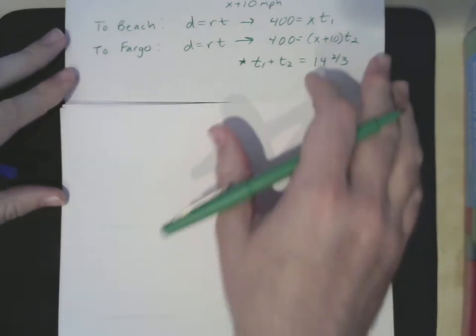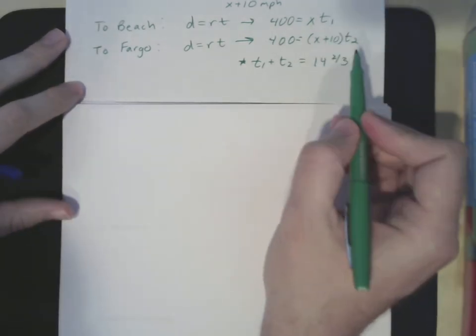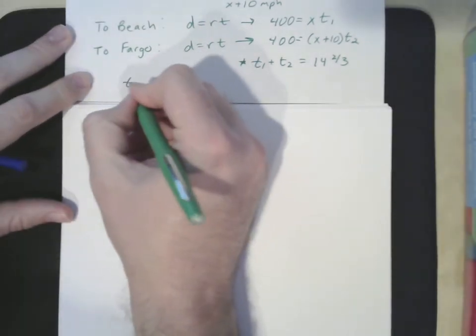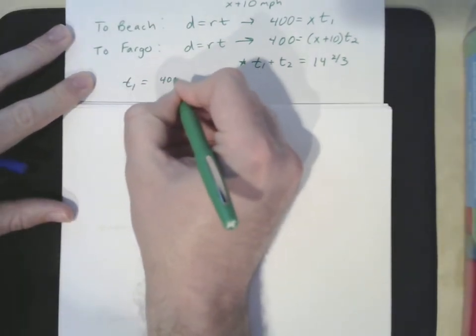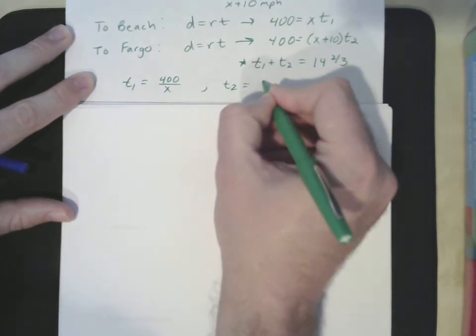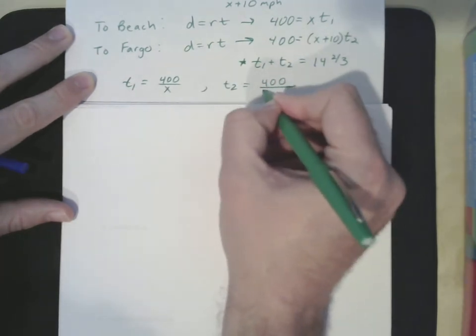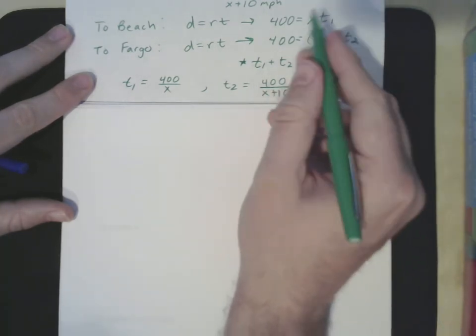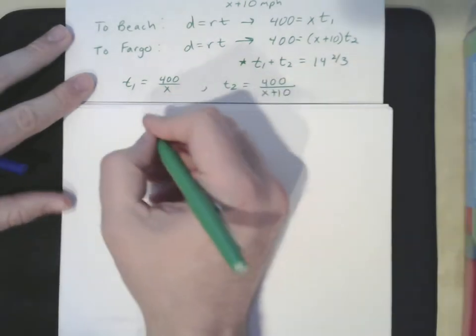So we're going to solve our two distance equations that we've made here for time, because we have a relationship between them. So t1 will equal 400 over x, and t2 will equal 400 over x plus 10. So just solving these two equations for t1 and t2.